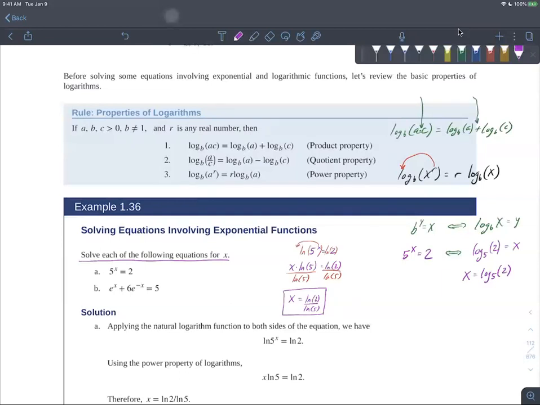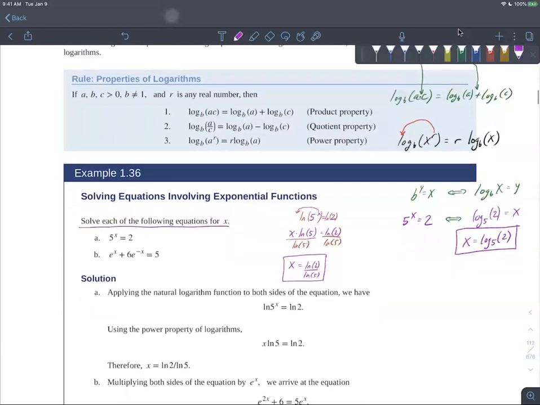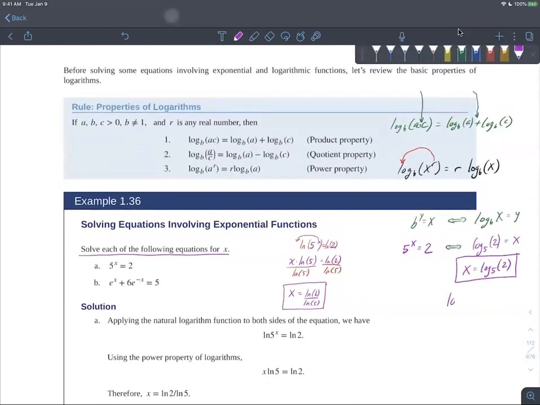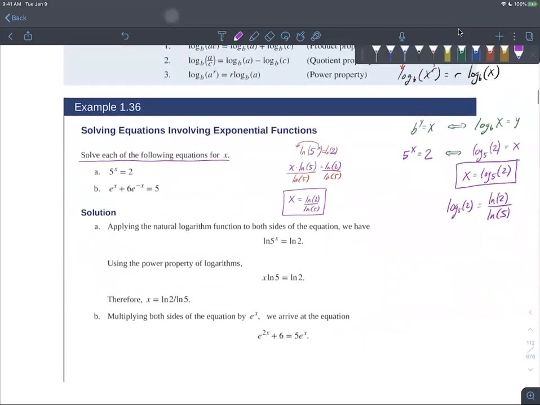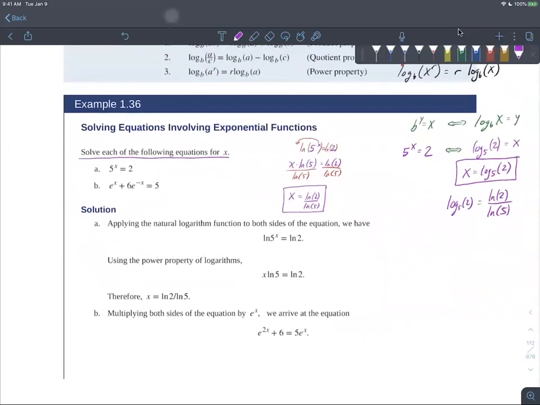X is equal to the log base 5 of 2. And we're going to see in a little while that the log base 5 of 2 is equal to the natural log of 2 divided by the natural log of 5. So this is equivalent to the answer that we got in the other solution. All right, so 2 ways to get the solution.